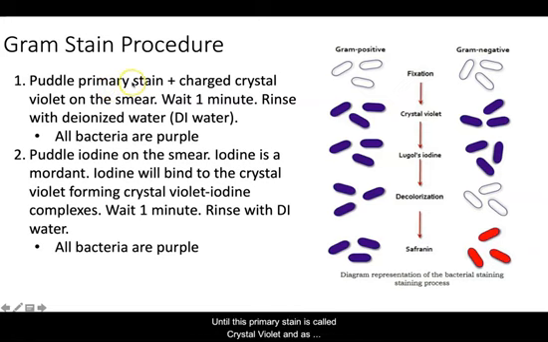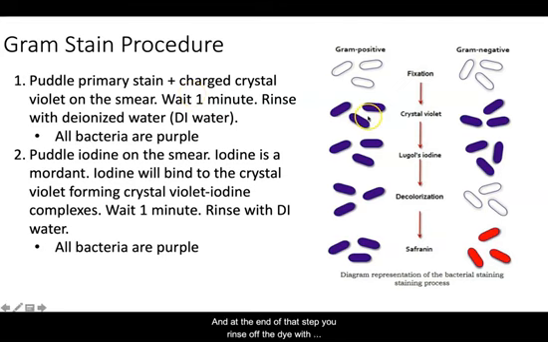And this primary stain is called crystal violet. And as the name indicates, it's going to be a purple color. And as with many of the dyes that we talked about, they are going to be positively charged, and so that's going to interact with the negatively charged bacterium. So that dye is going to sit on there, as it says, for one minute in length.